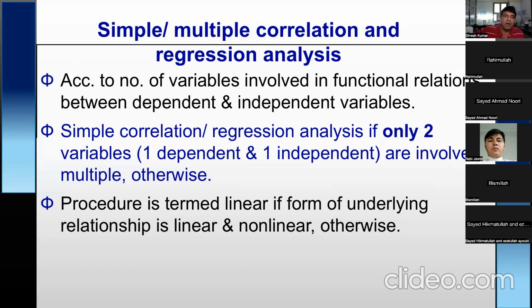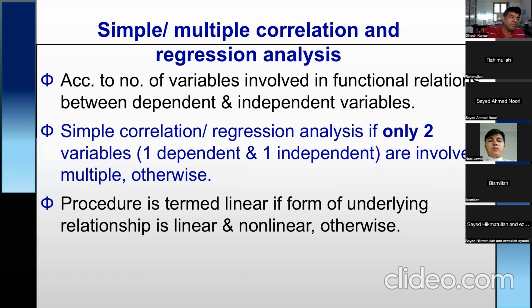If two or more independent variables are affecting one dependent variable, remember, two or more independent variables affecting one dependent variable, then this is called multiple correlation analysis and multiple regression analysis.